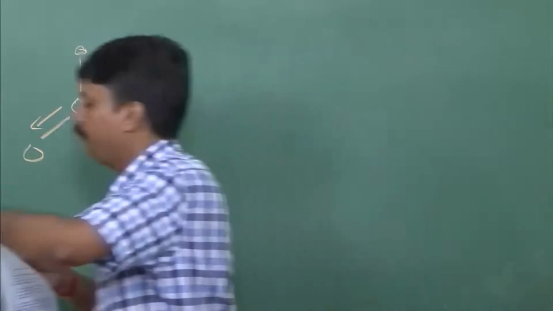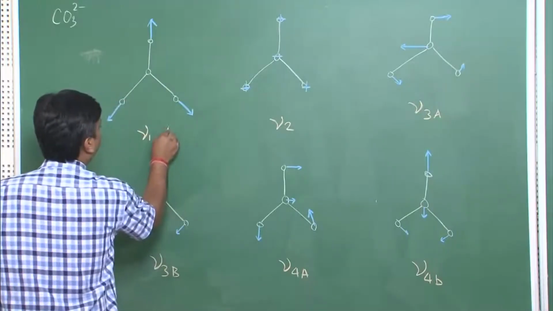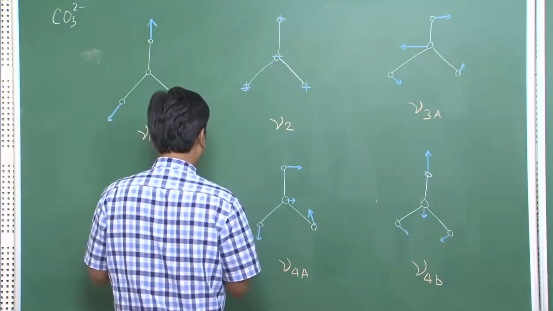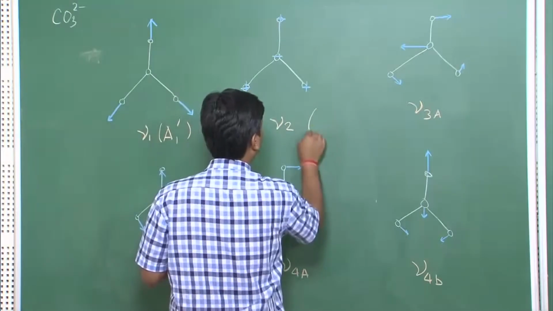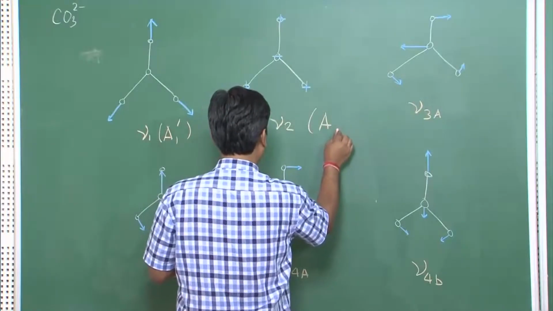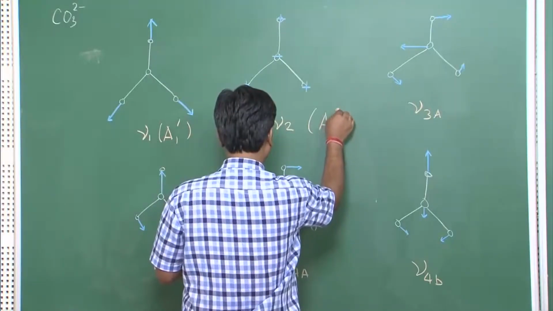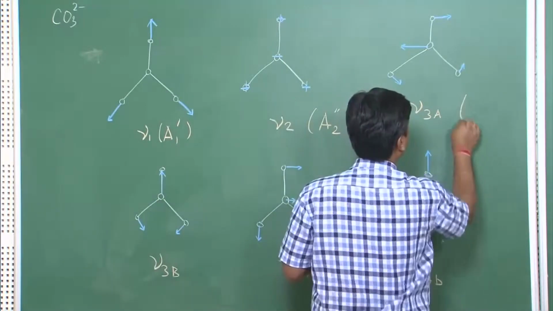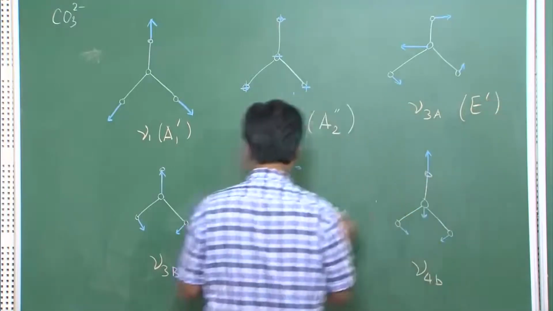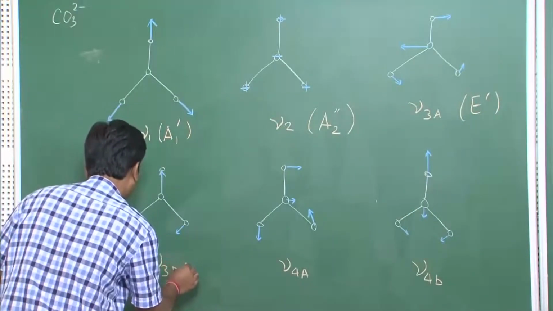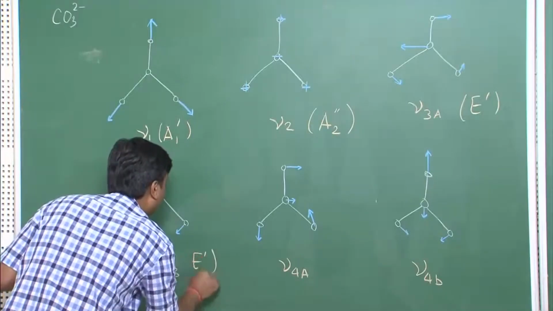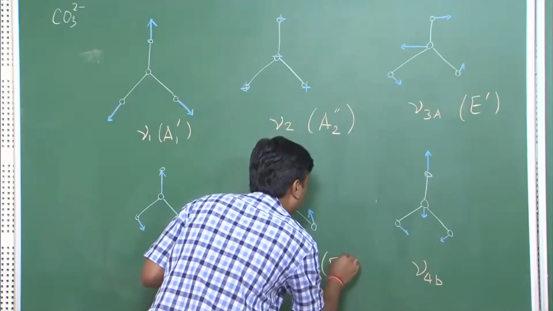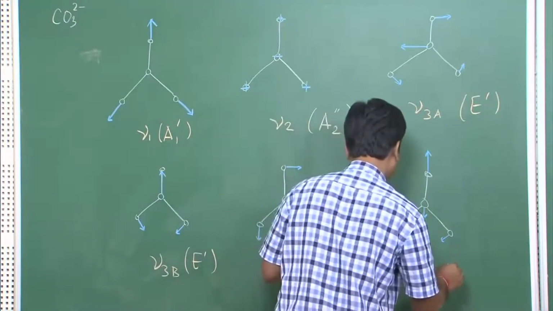Just for your information, this one will form a representation of A1, this one will form the representation of A2, while nu 3A will form the representation E prime, 3B will again form the representation of E prime, while nu 4 will also form the representation E prime.